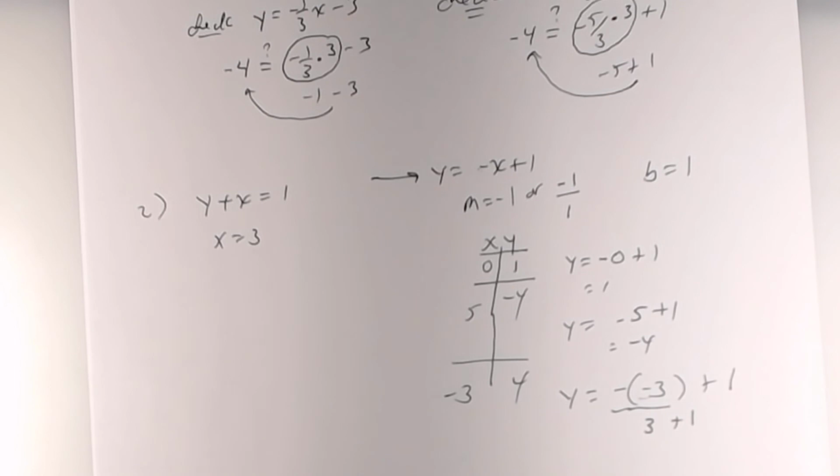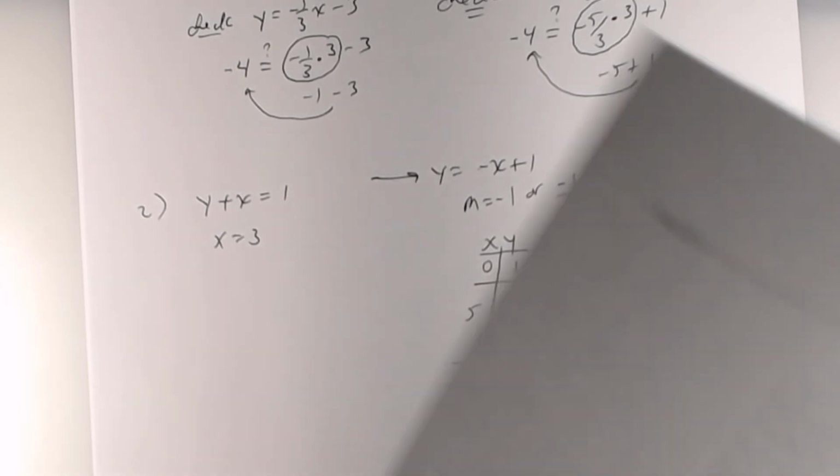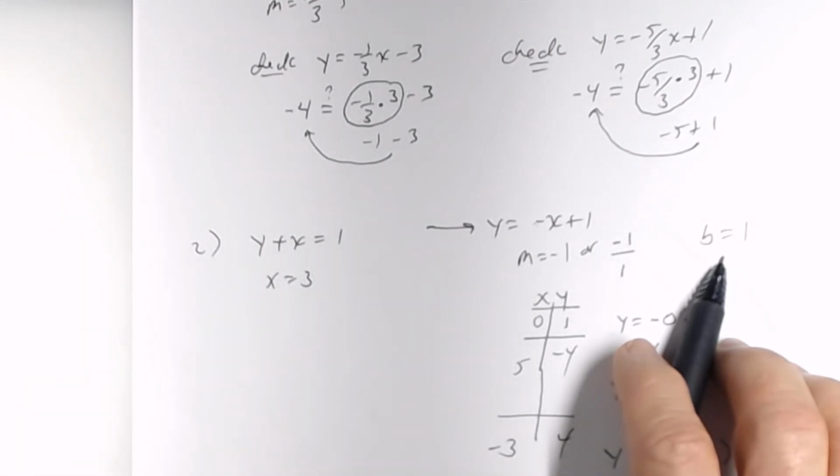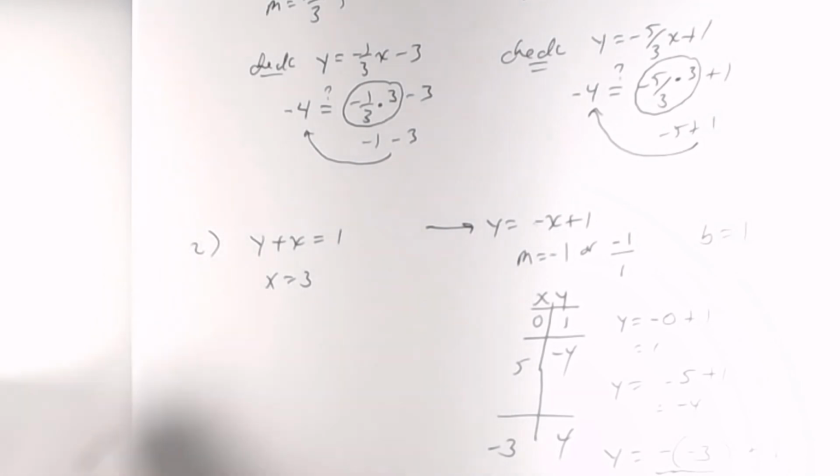So if I use the slope first and then the t-table second, let's see what we get. All right, number 2. So this is number 1. If you use slope and intercept, you have to plot the intercept first. What's the y-intercept? 1.